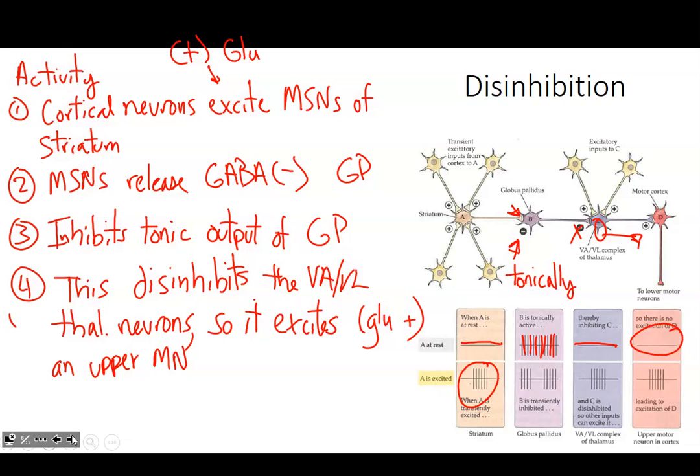That GABA inhibits this tonic inhibition. So we have inhibition of inhibition. That's disinhibition that we see here, right? So now we're sort of releasing the shackles from the VAVL neuron, and now it can generate action potentials, which are then passed on glutamatergically, so to speak, to the motor neuron shown here. Okay, disinhibition.